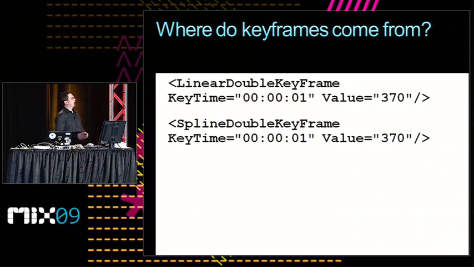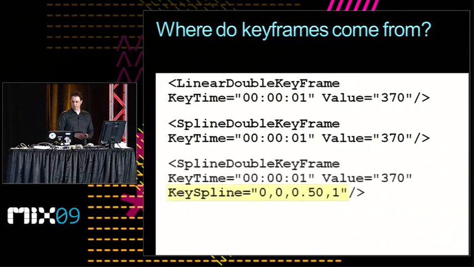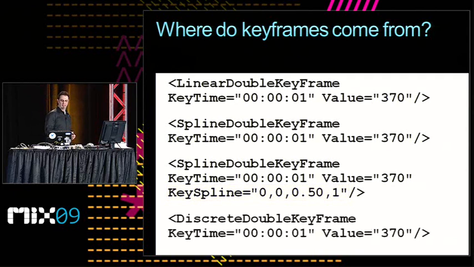Now, if I go in there and I create some ease on one of my objects, I'm going to get something that looks like this. And the difference you're going to see here is that I have a key spline that defines the motion curve for the way that my object acts as it approaches or leaves a keyframe. And then the last type that you're going to see is discrete double keyframe. And although this one looks just like the first two, it acts very differently.